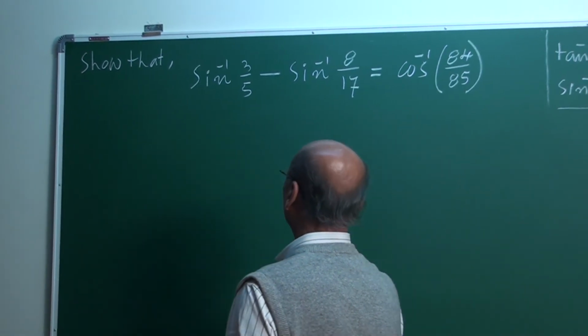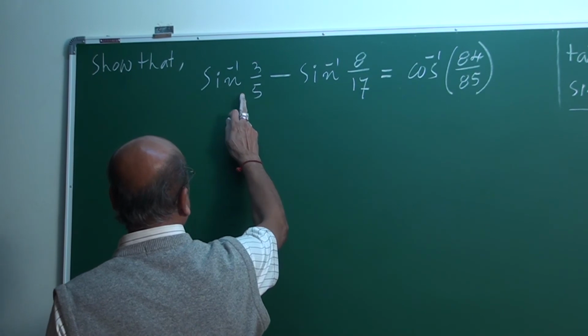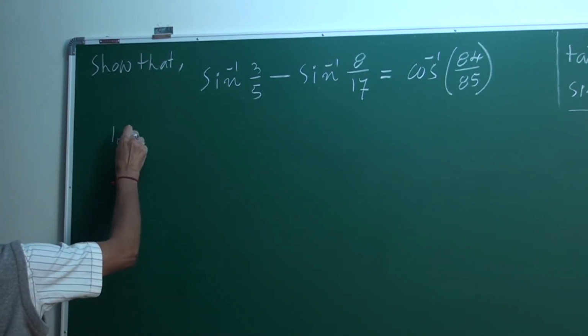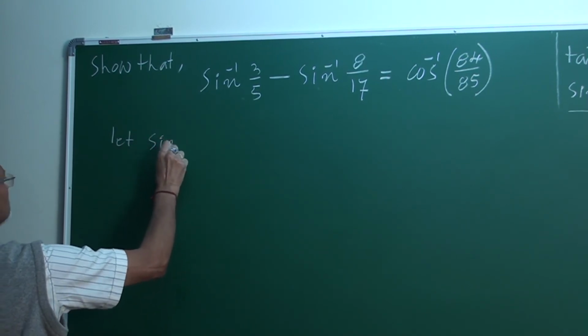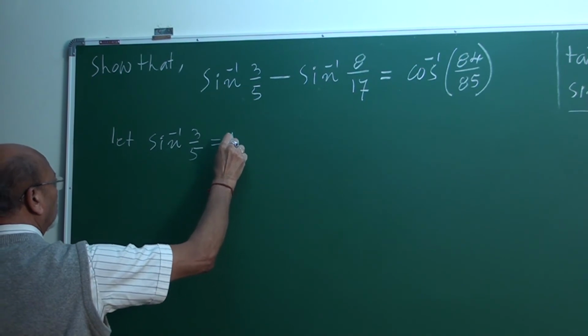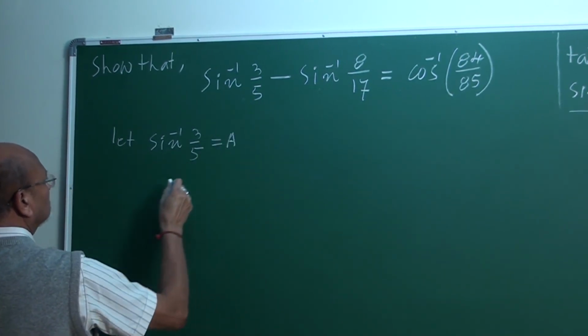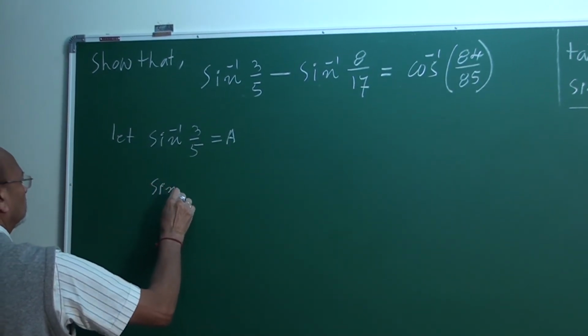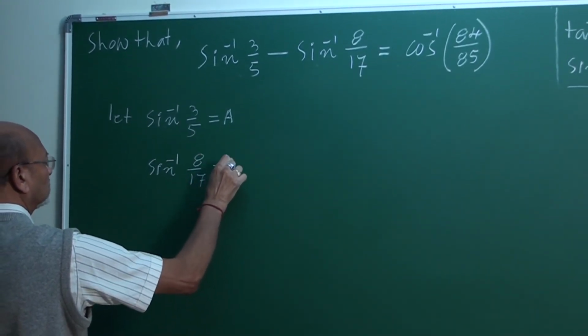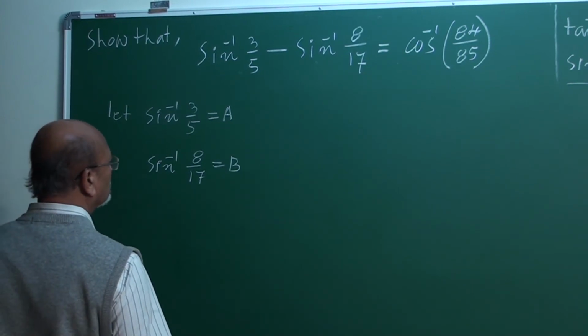Take, friend. You take this equal to A, this equal to B. Let sine inverse 3 by 5 equal A and sine inverse 8 by 17 equal B. Yes, friend.